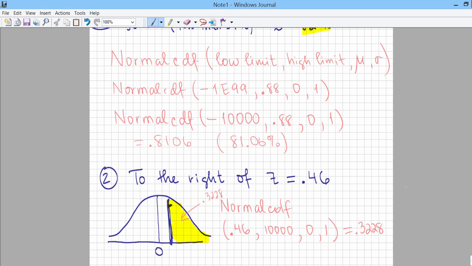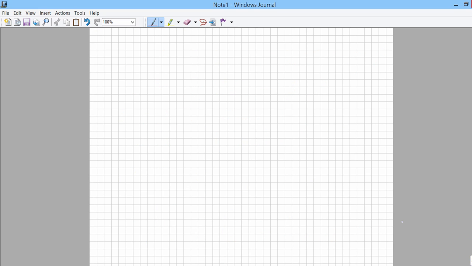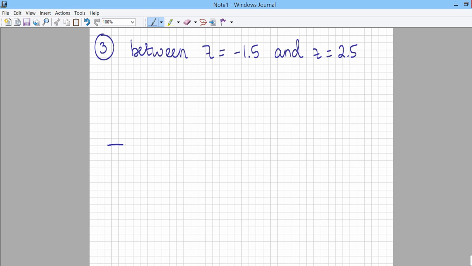Okay. What if you were asked a question to shade in the area between two values? So let's say between z equal to negative 1.5 and z equal to 2.5. Okay, let's make a picture.